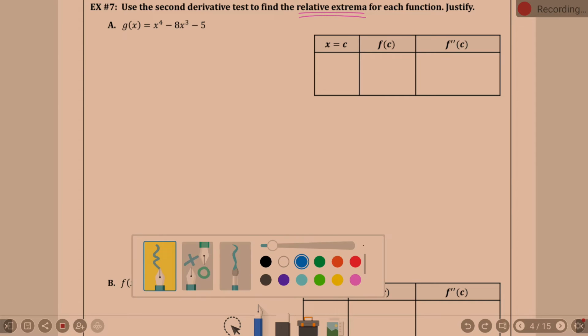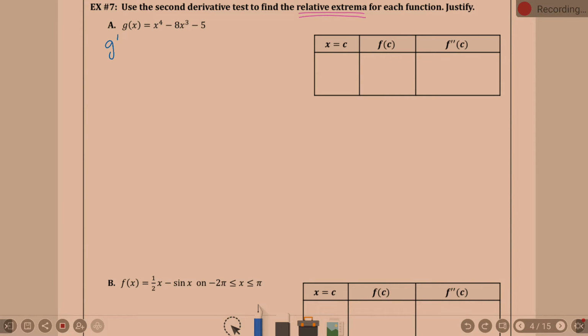So first derivative is 4x cubed minus 24x squared. We want to go ahead and find our critical values, critical points. So we're going to set equal to 0. There's a GCF of 4x squared.